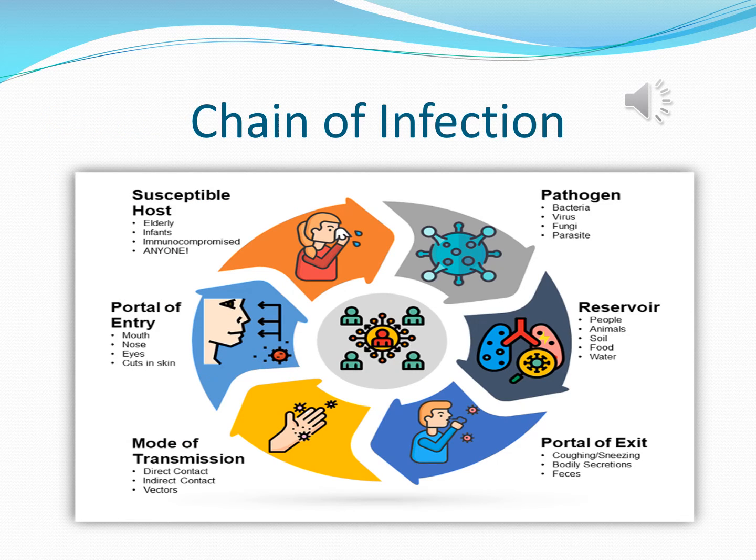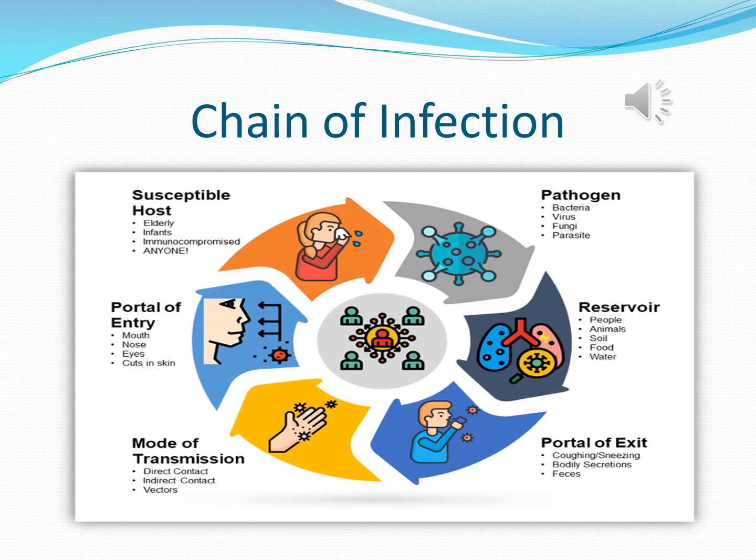This is the chain of infection. It begins with the pathogen, such as the bacteria, virus, fungi, or parasite. The pathogen then goes to the reservoir, which is people, animals, soil, food, or water. The portal of exit is when people cough or sneeze, their bodily secretions, or their feces.